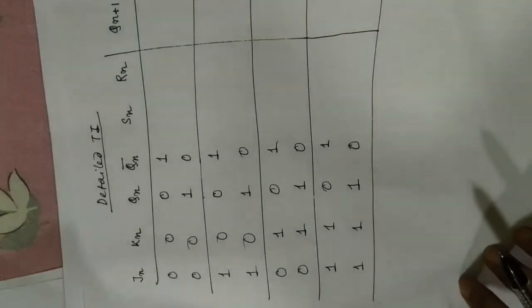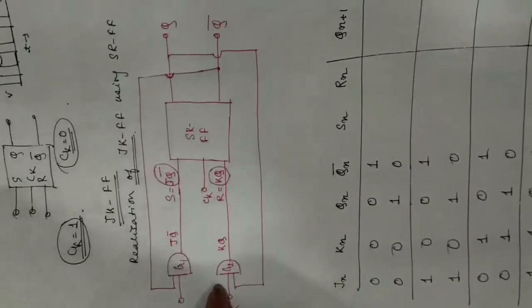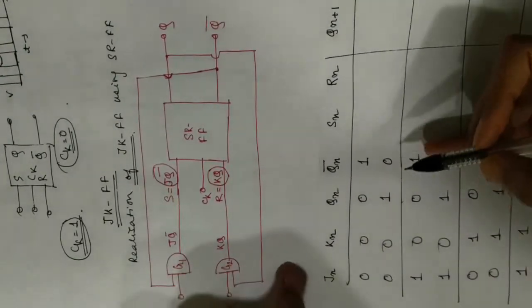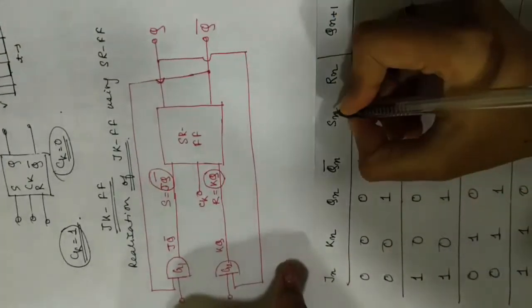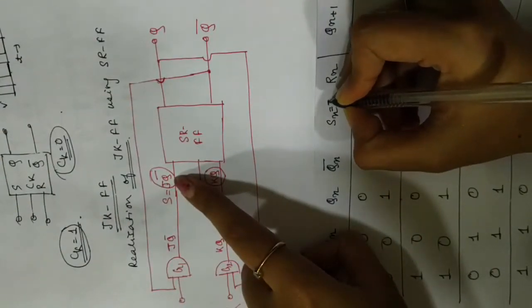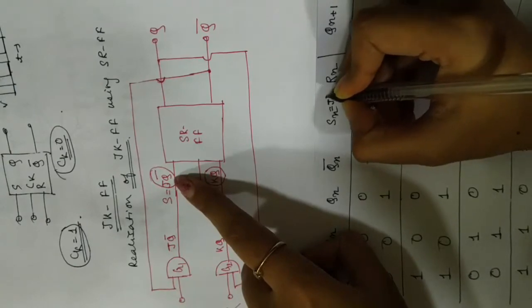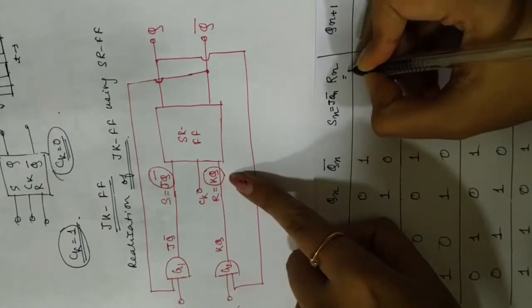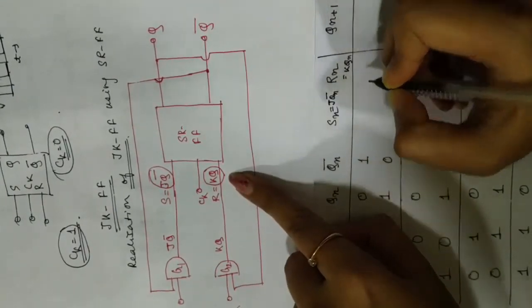Now please have a look into the circuit. We have written S bar is equal to J Qn bar, right? And R bar is equal to K Qn, right?